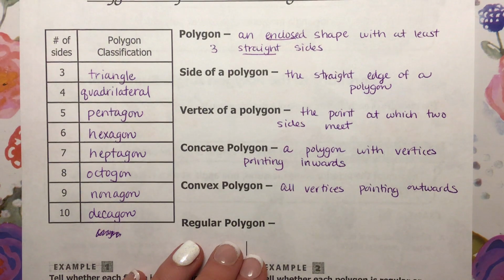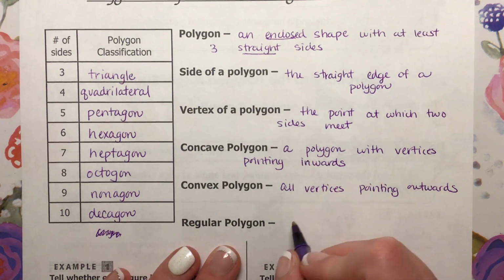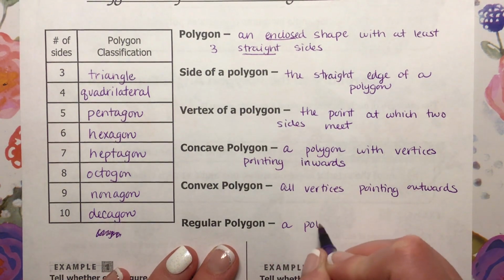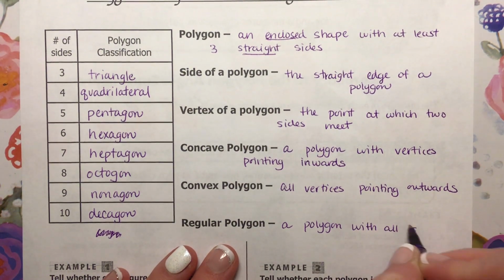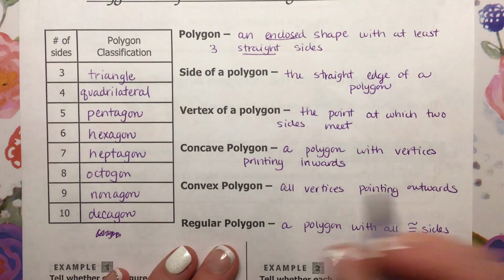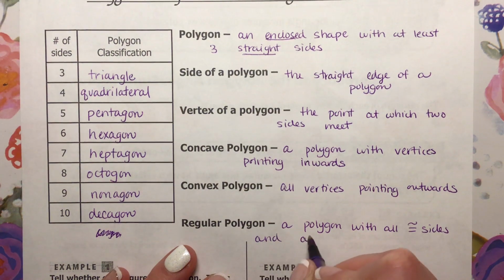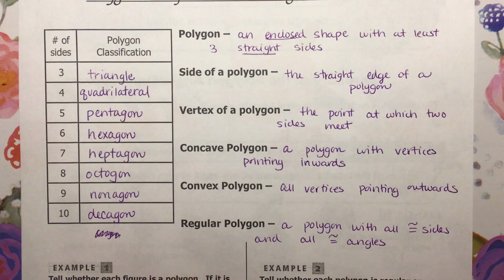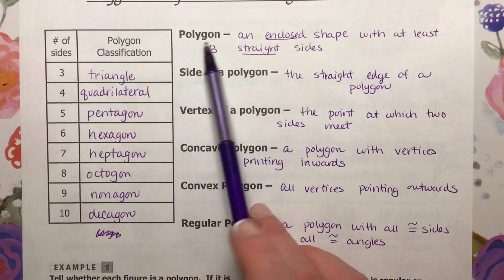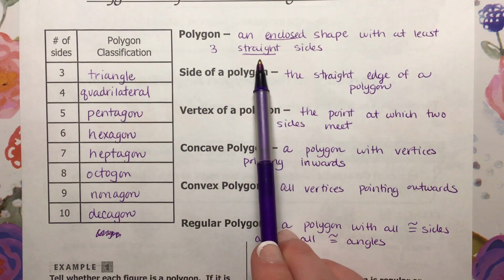Finally, a regular polygon is going to be something where all the sides and all of the angles are congruent. So it's a polygon with all congruent sides and all congruent angles. We just covered a lot of vocabulary right there. A polygon is an enclosed shape made of straight sides.